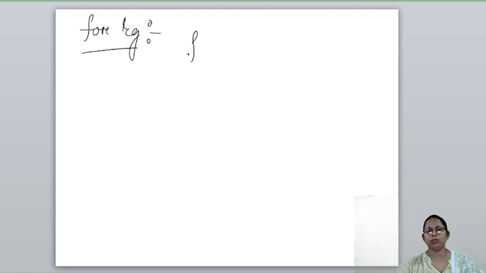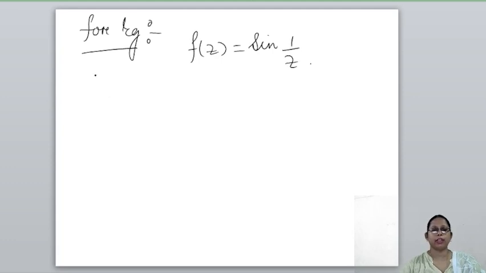consider the function f(z) equal to sine 1 by z. Here z equal to 0 is a singular point of this function f(z). If I put z equal to 0, this function will be undefined.